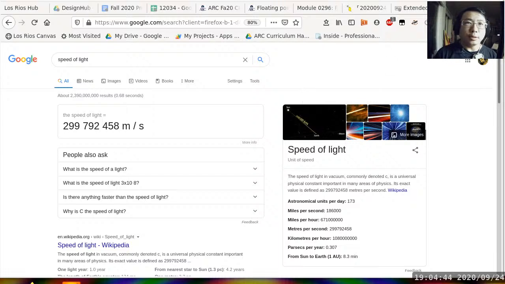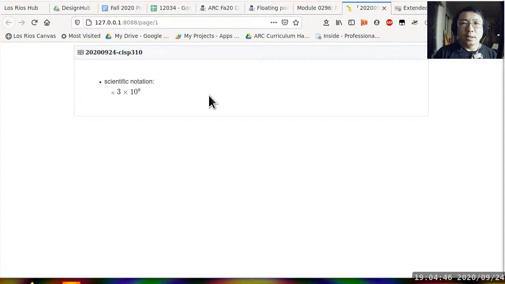If we don't have a question about that, then we'll express the same thing, but this time in scientific notation. When we express this in scientific notation, it is known as 3e8.